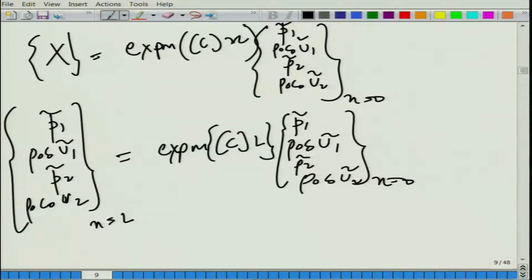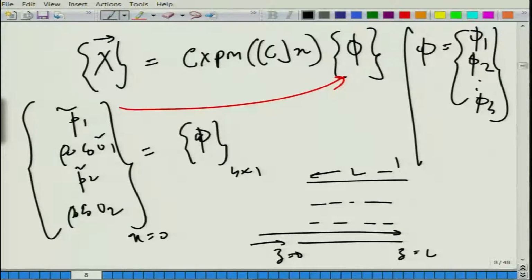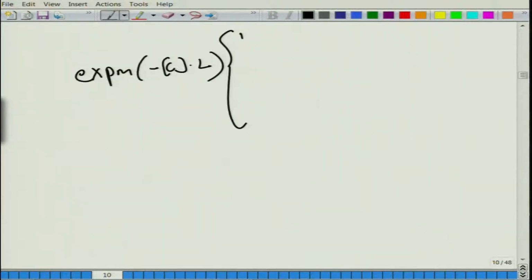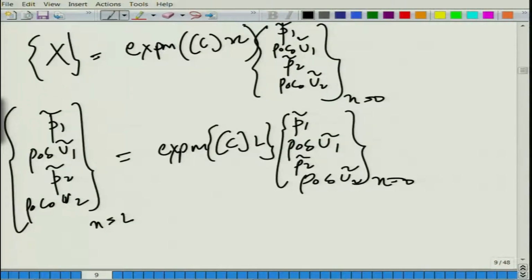So from this equation, if we multiply both sides by e to the power minus CL, that is expm minus CL, with L being the length, then P1, rho naught C naught u1, P2, rho naught C naught u2 at x equal to L gets multiplied. This becomes expm of minus CL multiplied by expm of CL, which is expm to the power 0, the identity matrix.